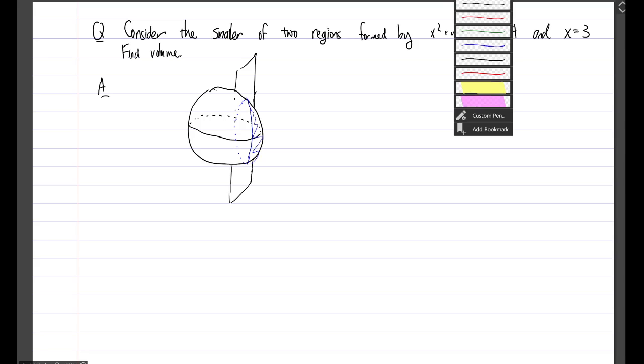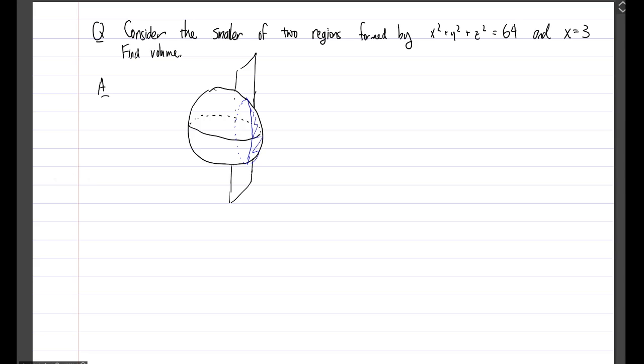And here's the thing, in that smaller piece, given a fixed y and z, we can say that x goes from, so in the smaller piece over here that's shaded on this side, x goes from the smaller x value of 3 to the larger x value of root 64 minus y squared minus z squared.